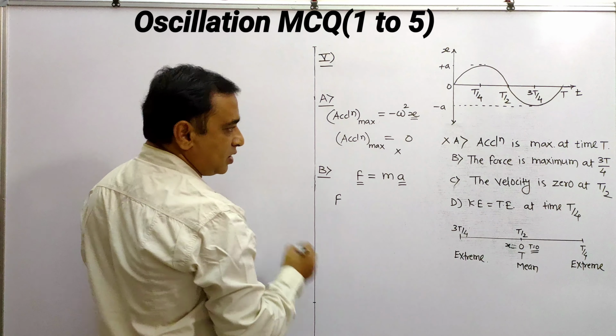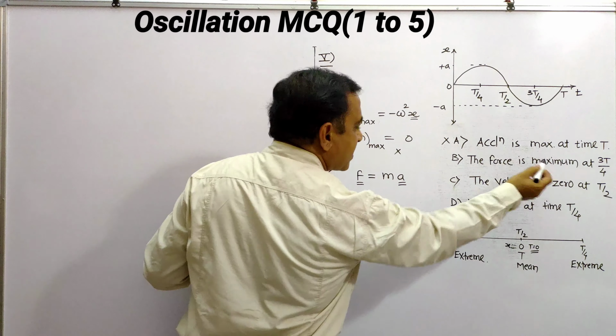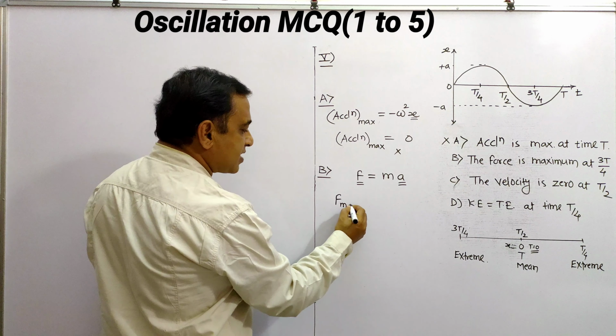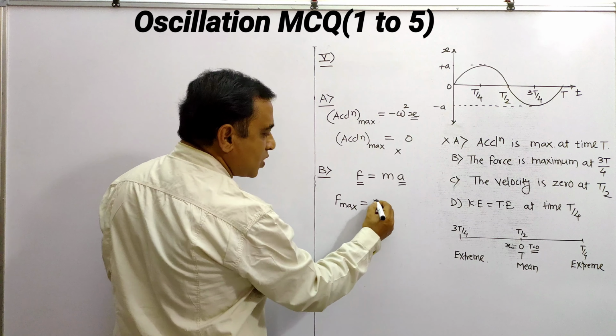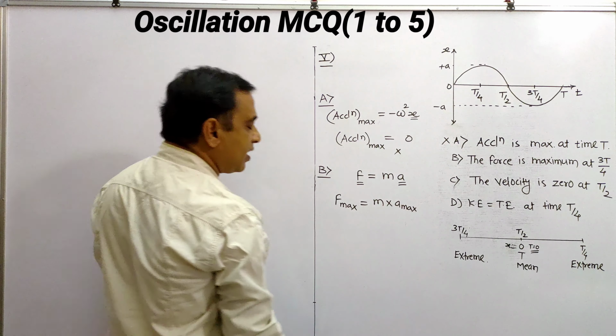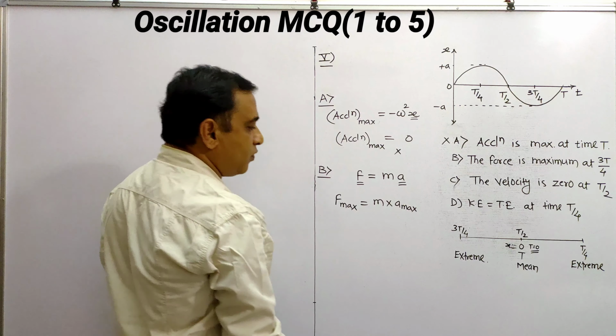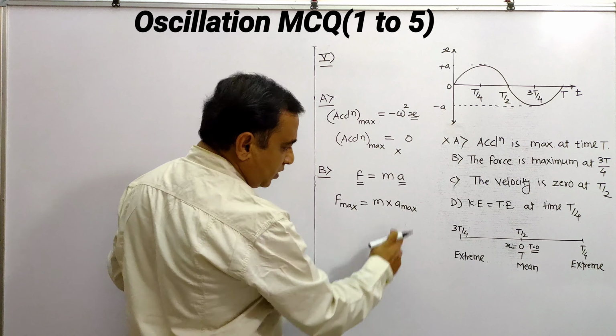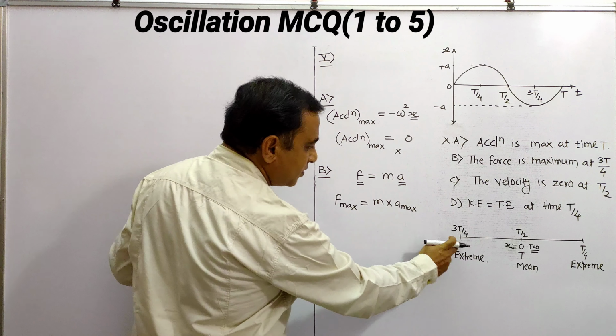So here the force is maximum. Where exactly is it maximum? Where mass is constant, just when A is maximum. But when exactly is A maximum? It is situated at the extremity.